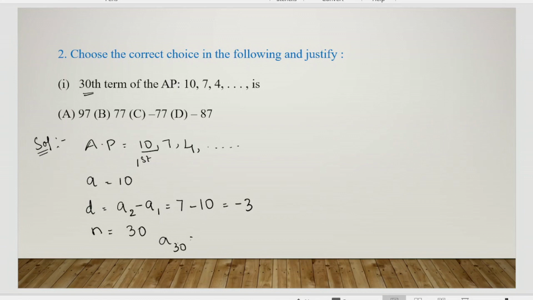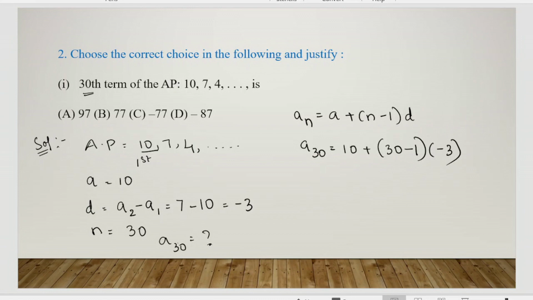And we need to find A30. We know the formula for an, that is A plus n minus 1 of d. We need to find the 30th term of an AP. We know A is 10, plus n is 30 minus 1 into d, which is minus 3.